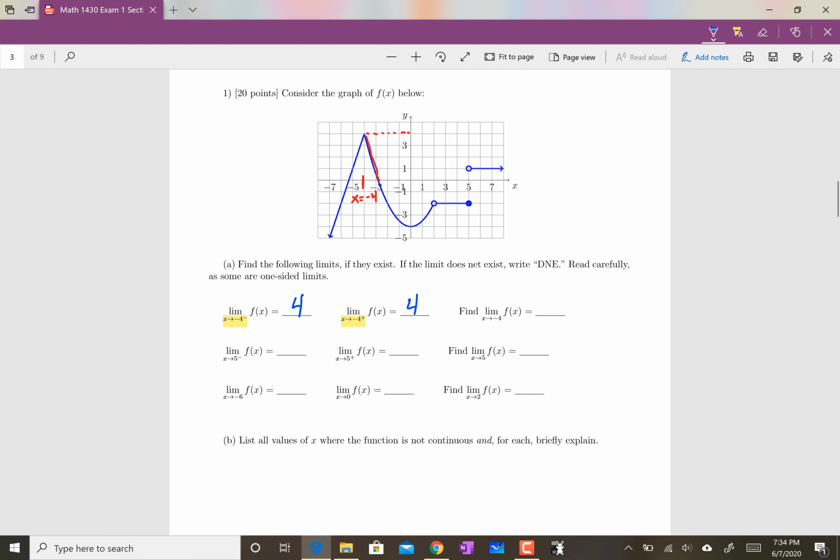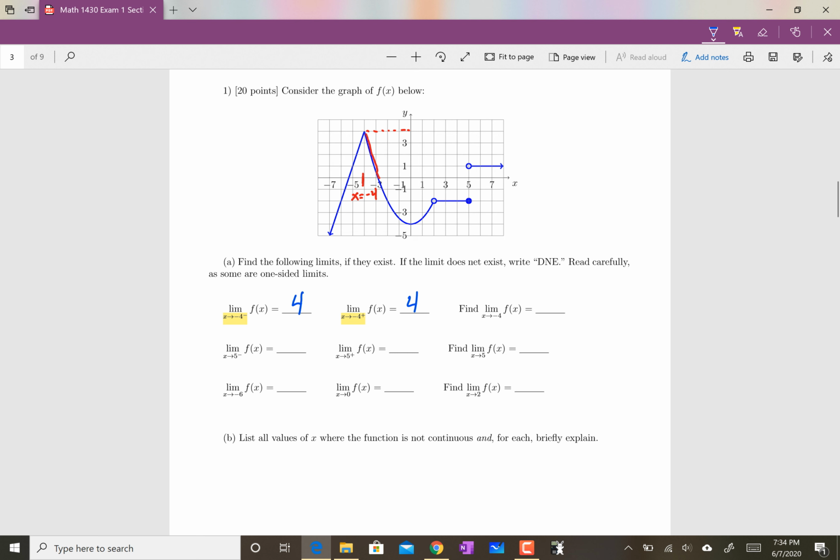Now, since the left and the right side limits are the same, that tells us that the limit without a side associated to it, the general limit, also exists and is equal to the same value, in this case 4.